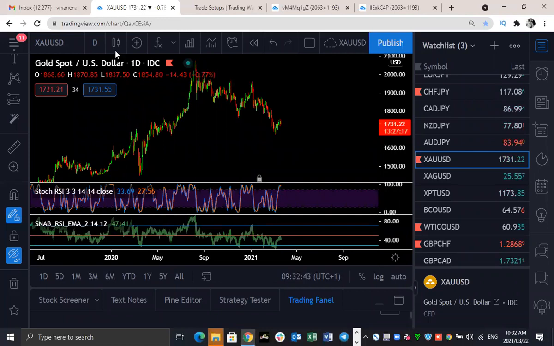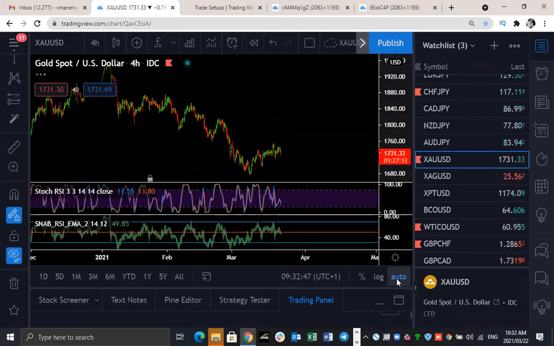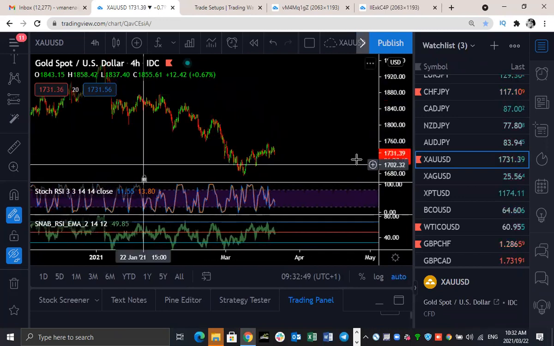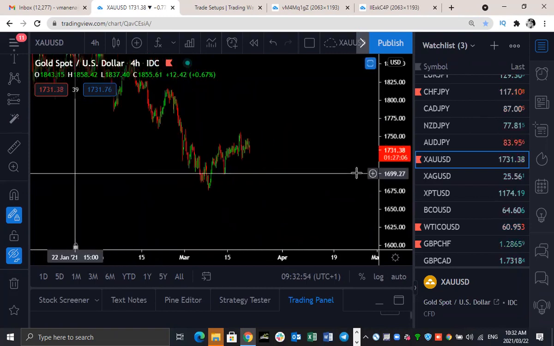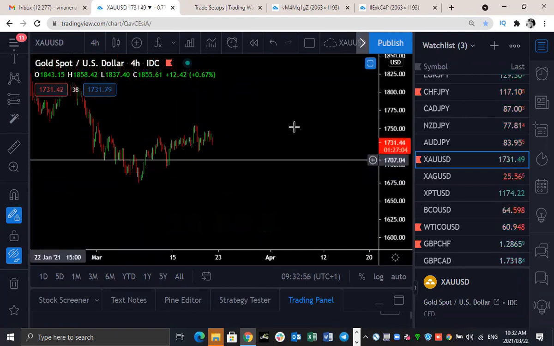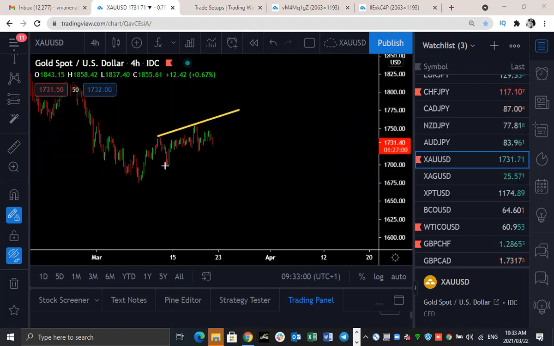So gold is not ready for another move to the upside as yet. Let's have a look at the 4-hour. Yesterday we also looked at the possibility of this making a diagonal. We will watch that as it goes. There's a possibility of a diagonal here on gold, but let's watch it.